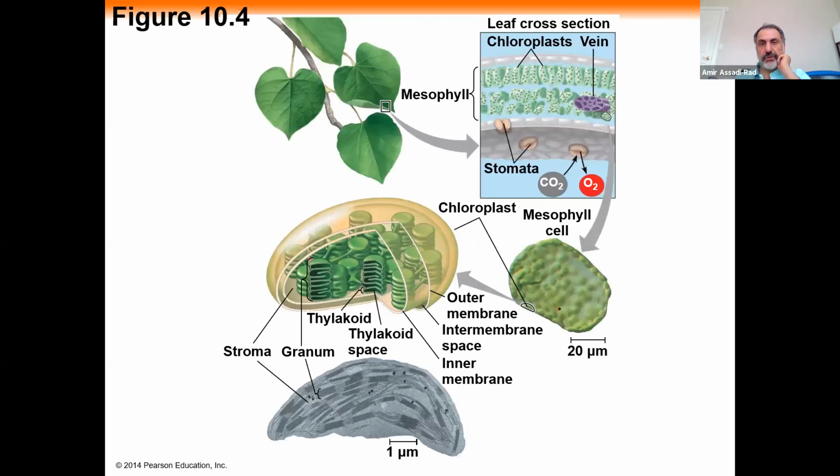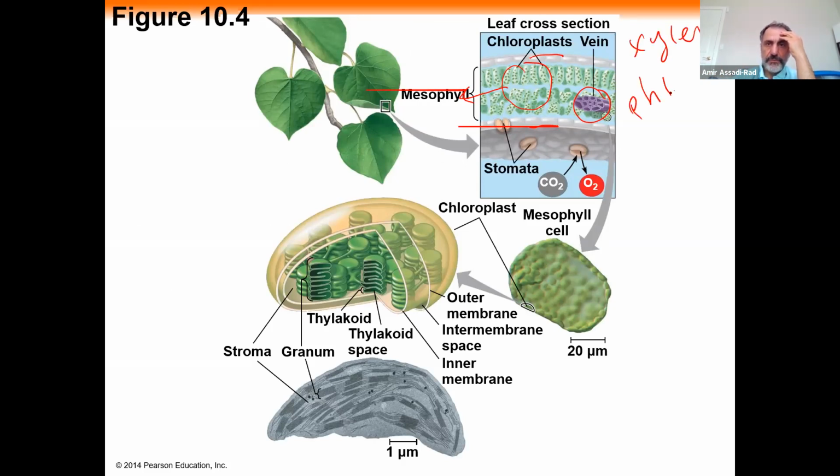Here they are. So here is a leaf. The middle layer, right here, from epidermis to epidermis, that middle layer is called mesophyll. Okay. And then the veins are made up of xylem and phloem. I'm not going to talk about it. This is not a botany course, but you should know xylem and phloem.